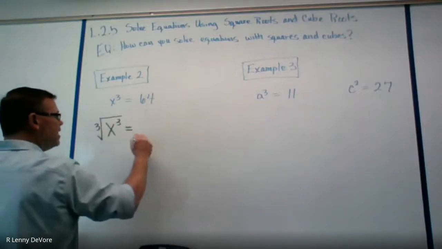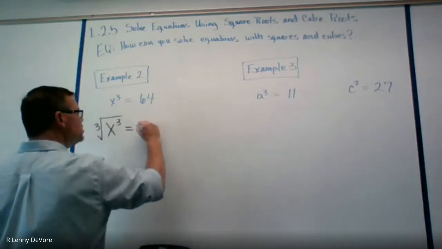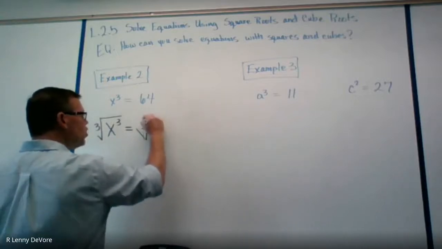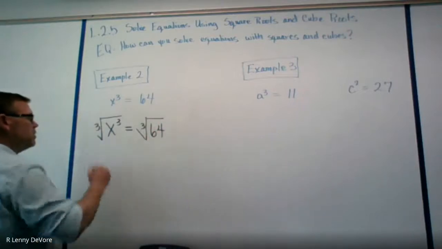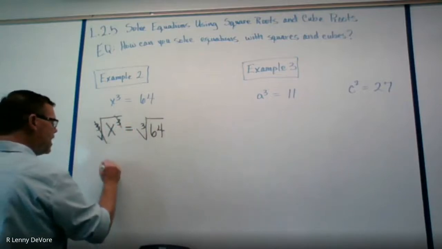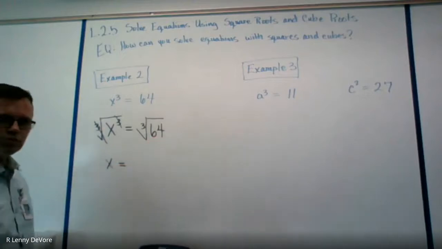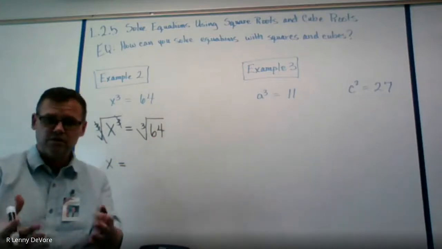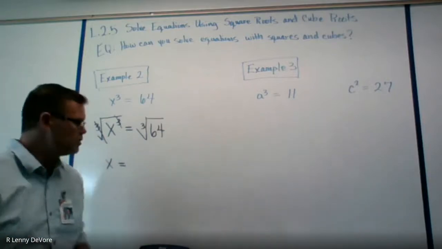But don't forget, in order to balance the equation, we need to then do the cubed root also of 64. So this cancels this out, and then x is by itself. Now, we can find the cubed root by simply doing it on a calculator. But if you don't have a calculator handy, this is how we do it.